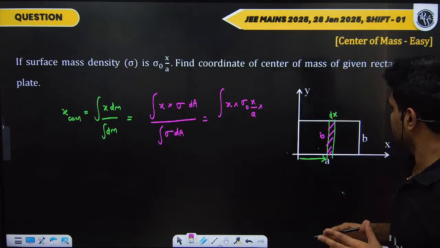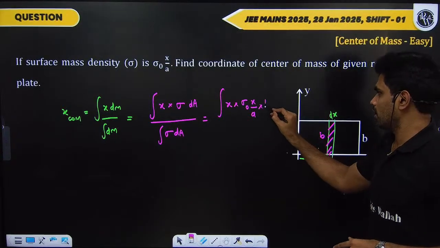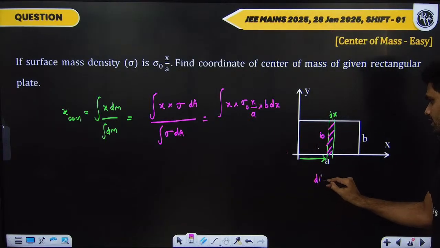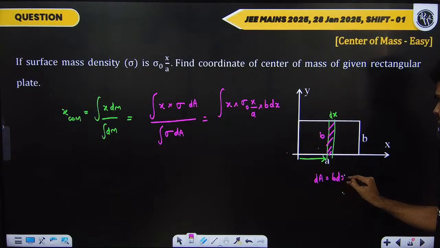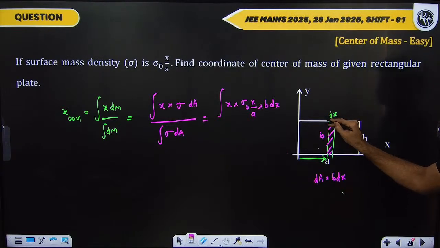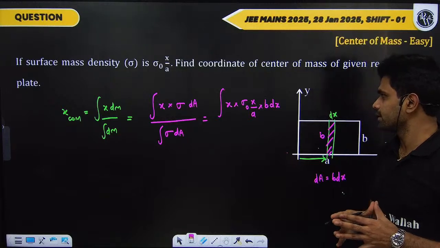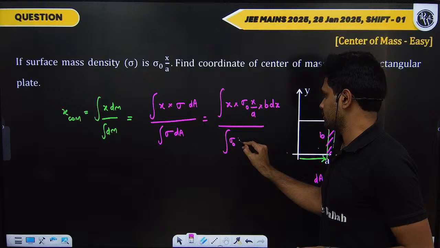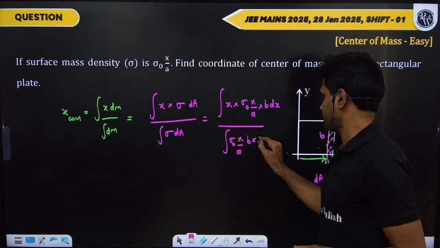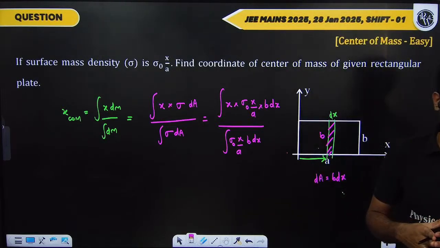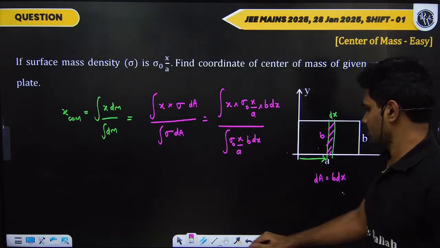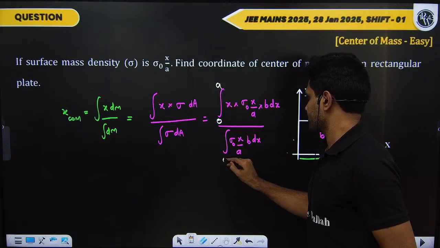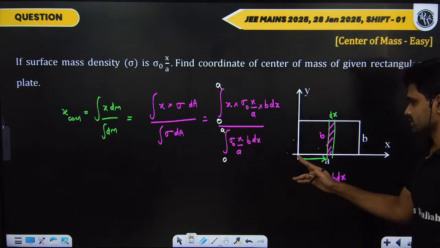So the small area is b dx, with breadth b, divided by integral sigma naught x by A b dx. What are the limits? Limits are going to be from 0 to a, because x is changing from 0 to a.